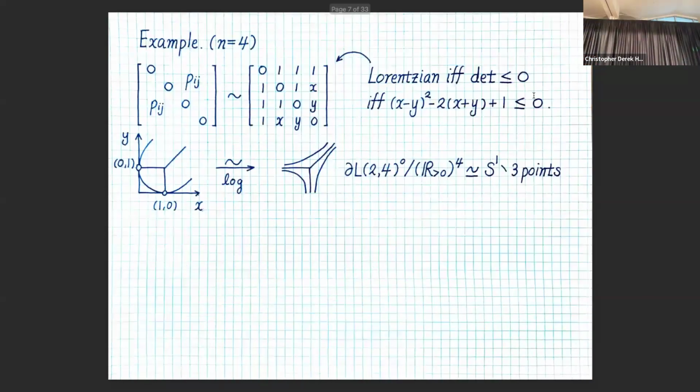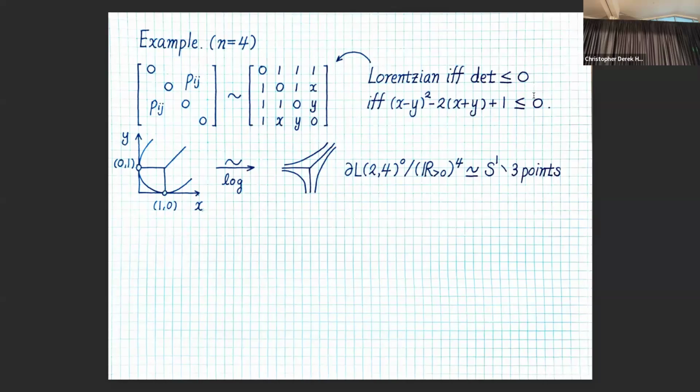So let's start from the case we have seen yesterday. This is the case when n equals 4. And we are looking at the set of all 4 by 4 matrices with 0 on the diagonal with one positive eigenvalue. In this case, I have 6 off-diagonal entries, and I can use the 4 scaling actions to kill 4 of the variables, normalize, and then I'll have 2 variables that are left, x and y.